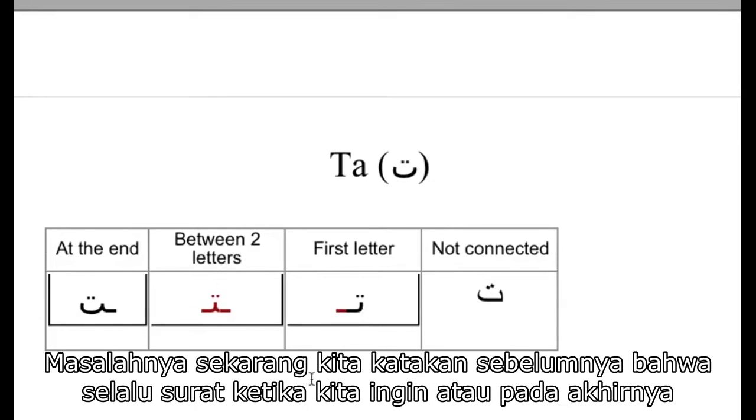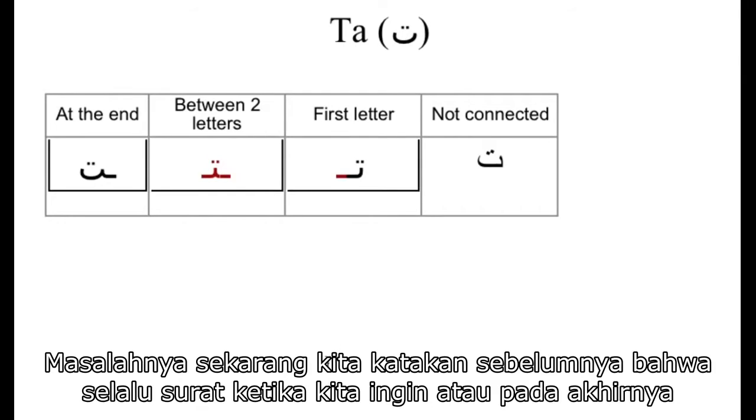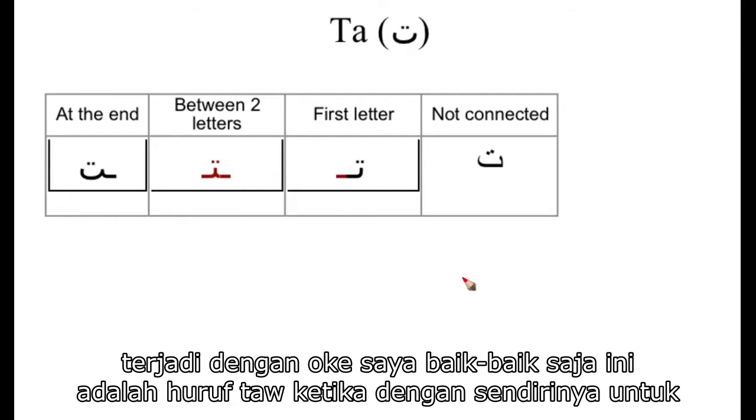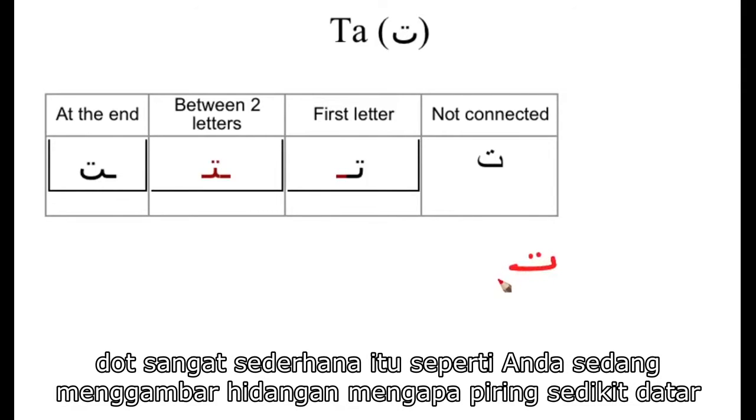Now we said before that letters, when they are at the end, always go back to the original shape, if you remember. This is the letter Ta when it is by itself, two dots.